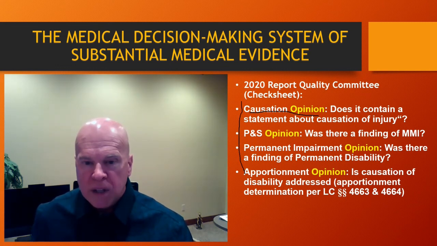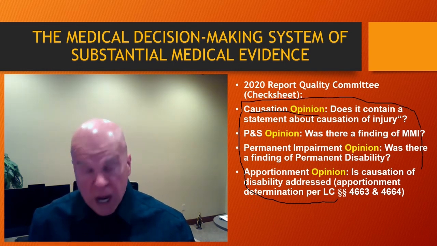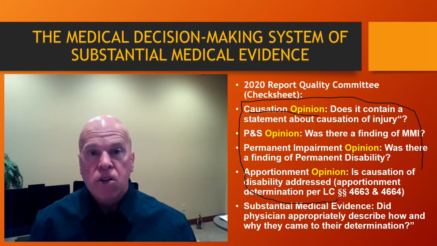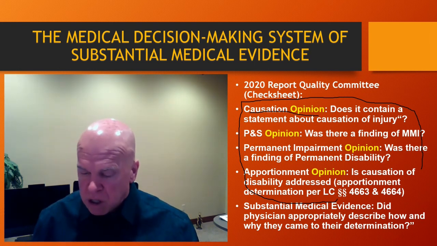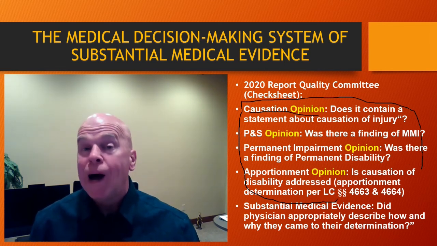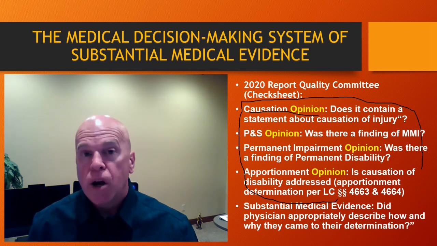Now, for all of these opinions, the report check sheet asks, in every instance where an opinion is offered, does the physician appropriately describe how and why he or she came to their opinion?